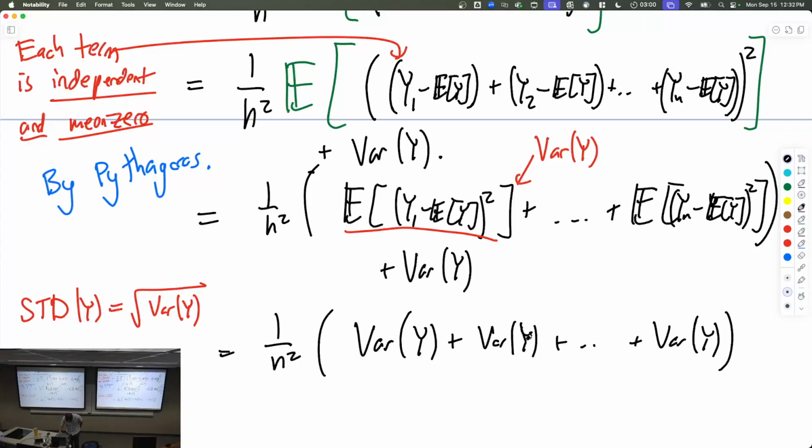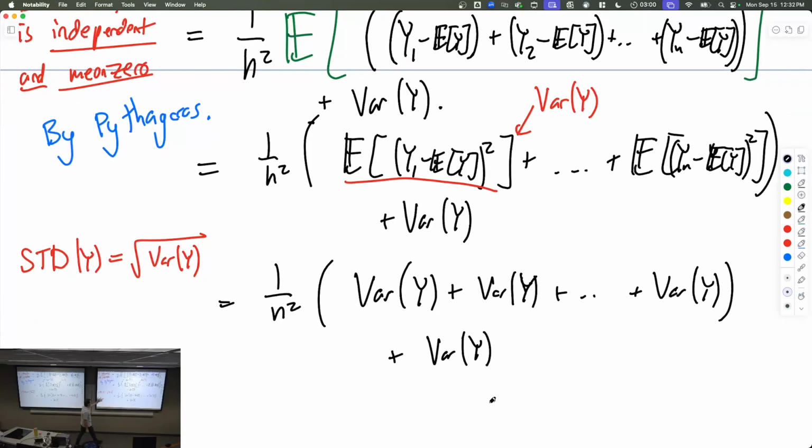How far away are they from the mean? They're the variance of y. And then plus the variance of y. Okay, and this is a nice little calculation. There's a 1 over n squared, and you're adding up the same number n times. So that's 1 over n squared times n times the variance of y plus the variance of y from before.